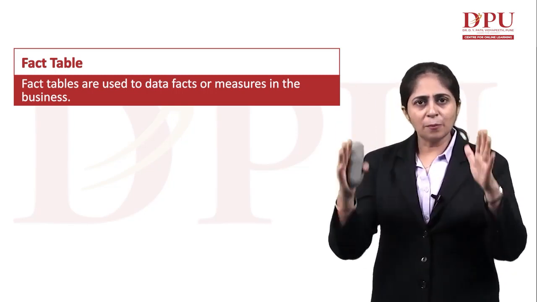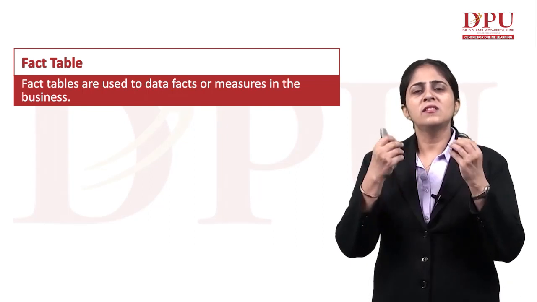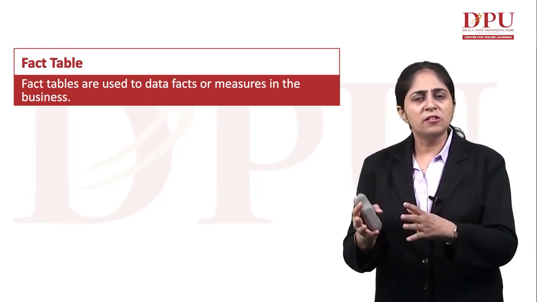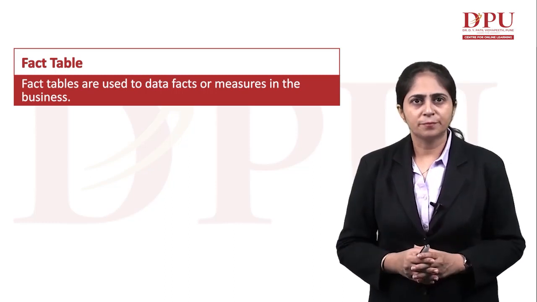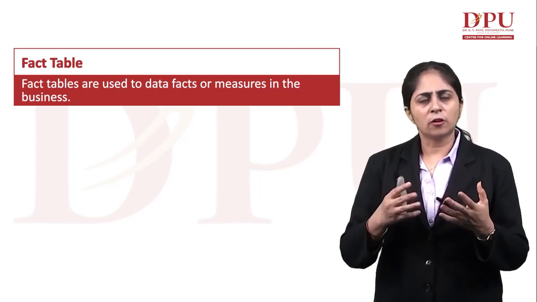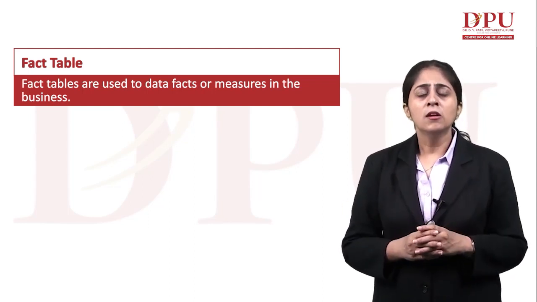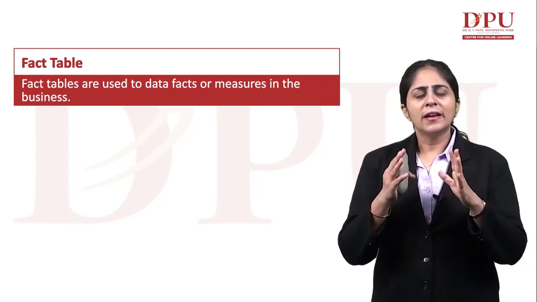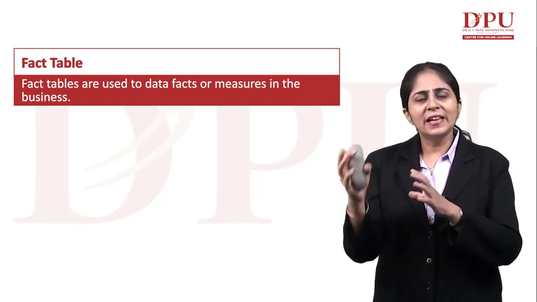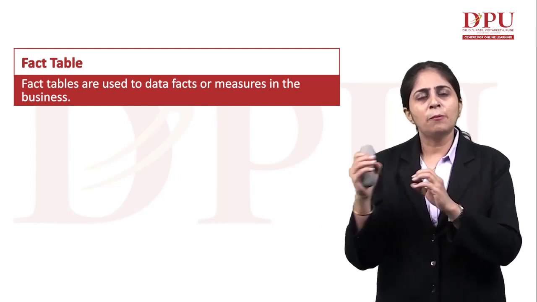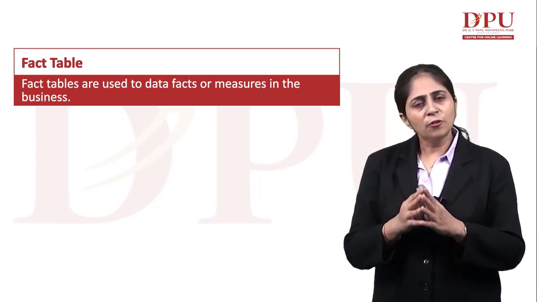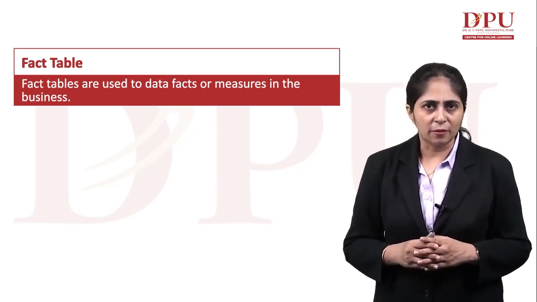It is a particular table designed to keep the facts or the measures for a particular business. Facts are the numeric data elements that are of interest to the company. If you want to keep all the facts related to our business, for that we would require a fact table.